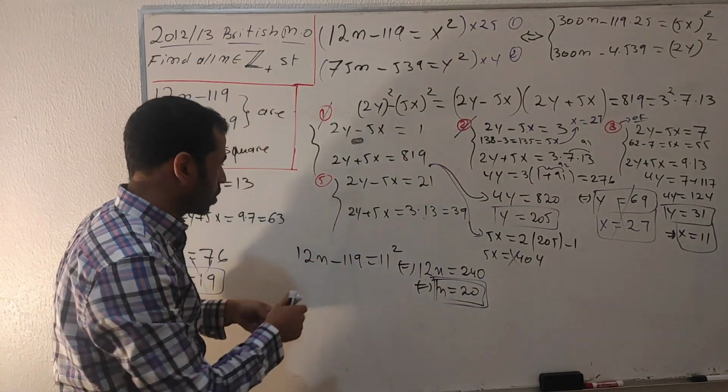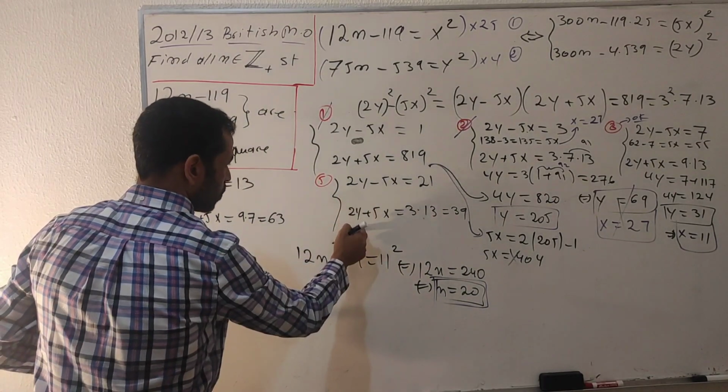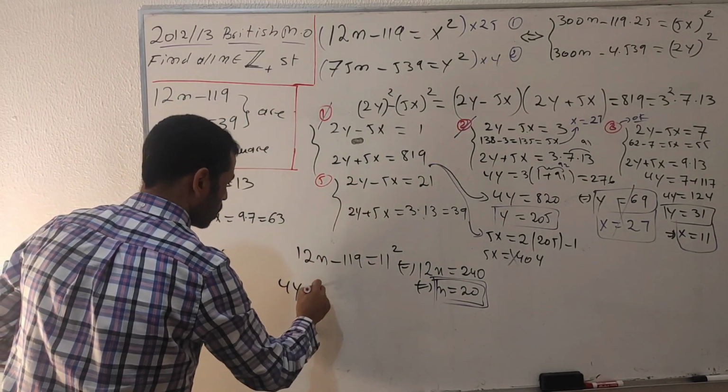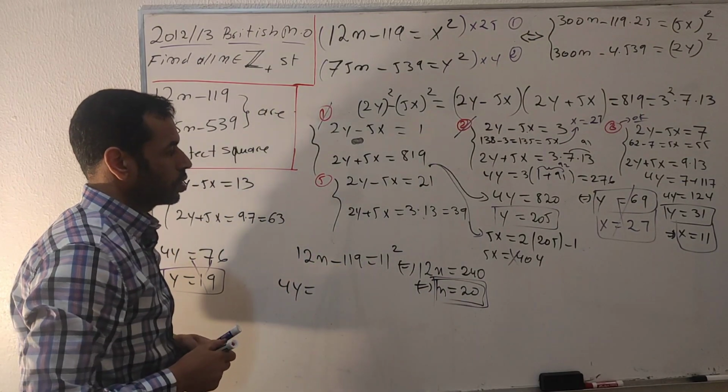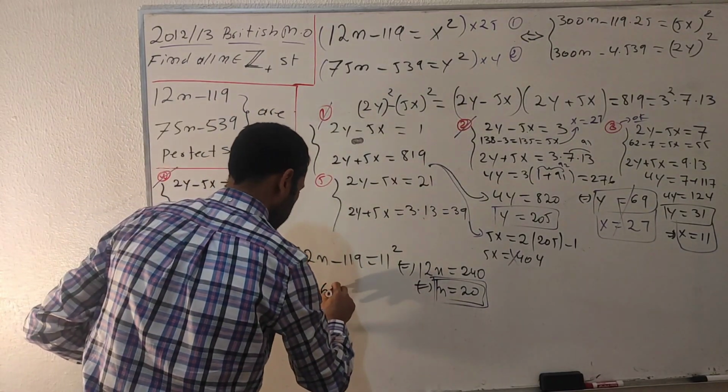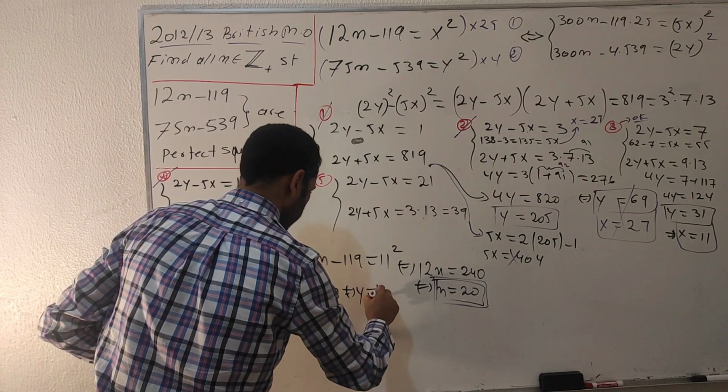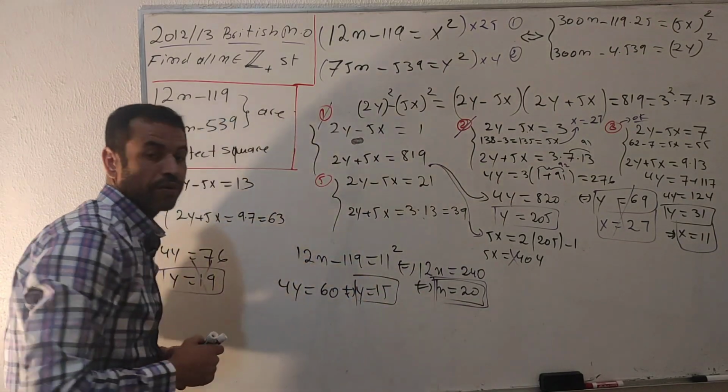Last equation, by doing the same thing here, I get this one plus this one. I get 4y equals 39 plus 21. It's clearly giving us 60. Equivalent y equals 15, because dividing both sides by number 4.